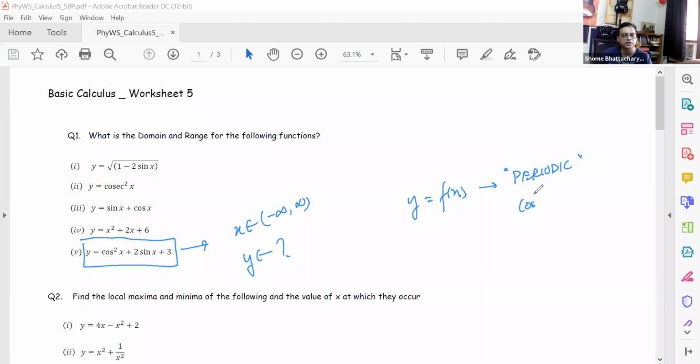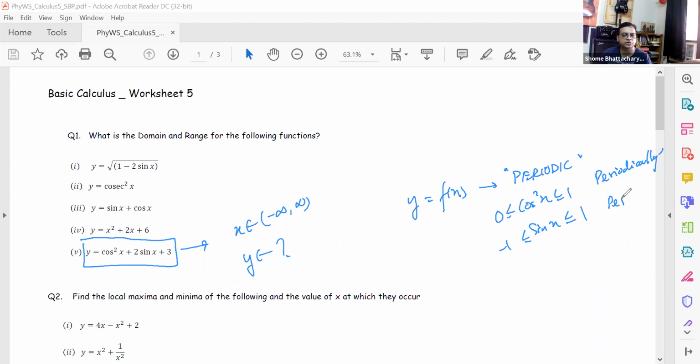because cos square x ranges between 0 and 1, and sin x ranges between -1 and +1. Basically this happens periodically, repeatedly, that means it repeats.